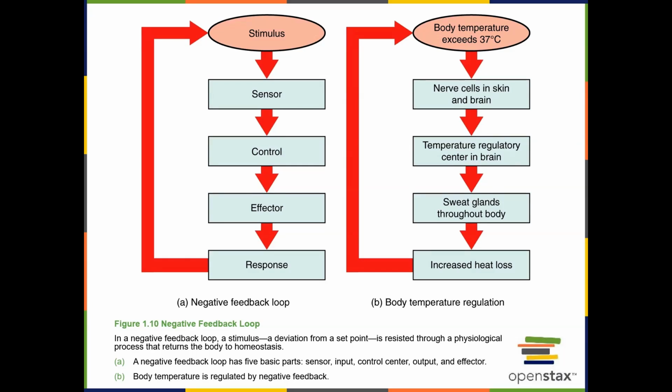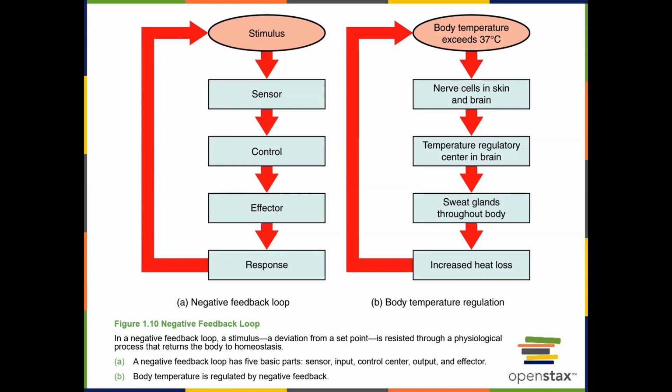Regulating body temperature: the homeostatic set point is 37 degrees Celsius, which equals 98.6 degrees Fahrenheit. A stimulus of body temperature above 37 degrees Celsius is detected by thermoreceptors, nerve cells in the skin, or thermoreceptors in the brain.